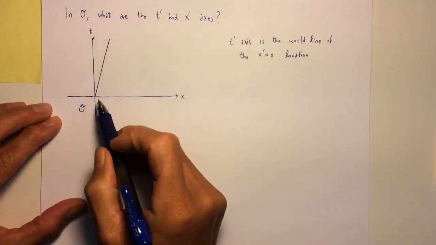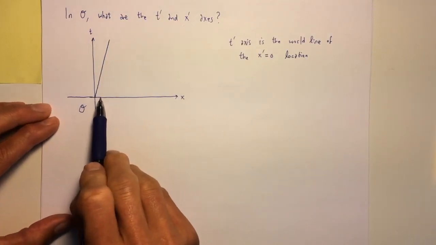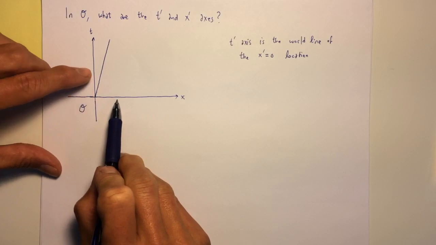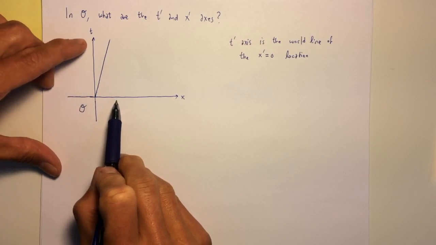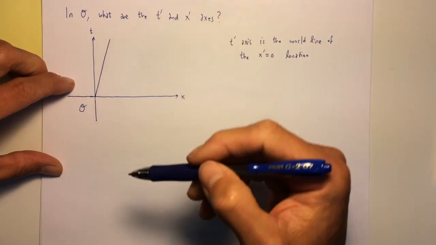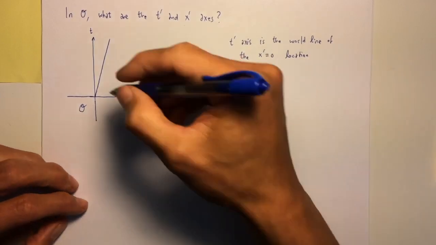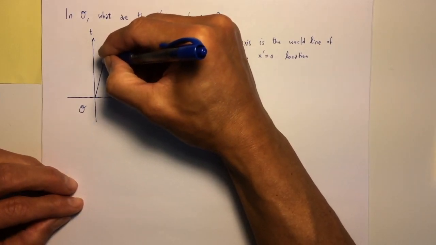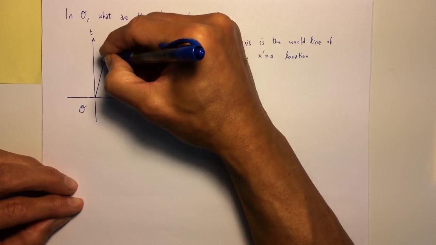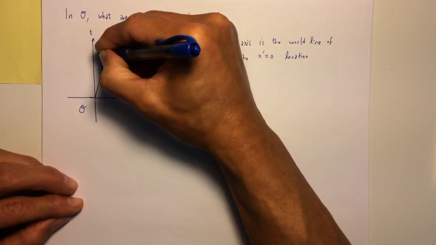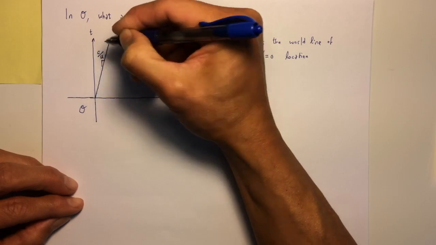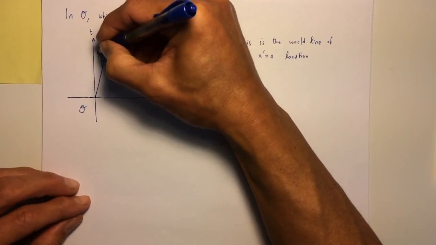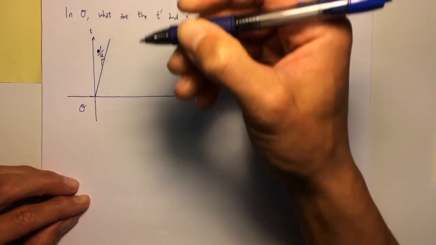There it is. It's drifting up along the x-axis as time goes into the future, and it does so with a slope. The slope actually is c over, no, I'm sorry, it's not c over u, it's 1 over u.